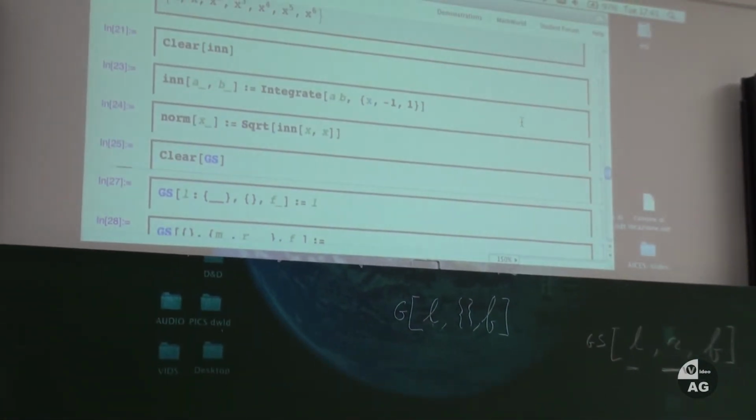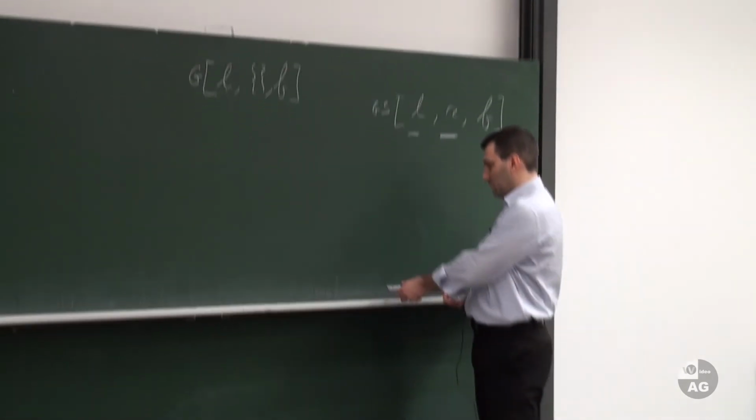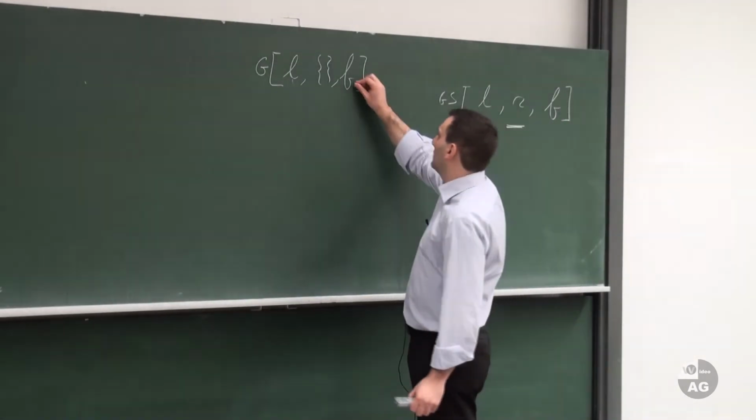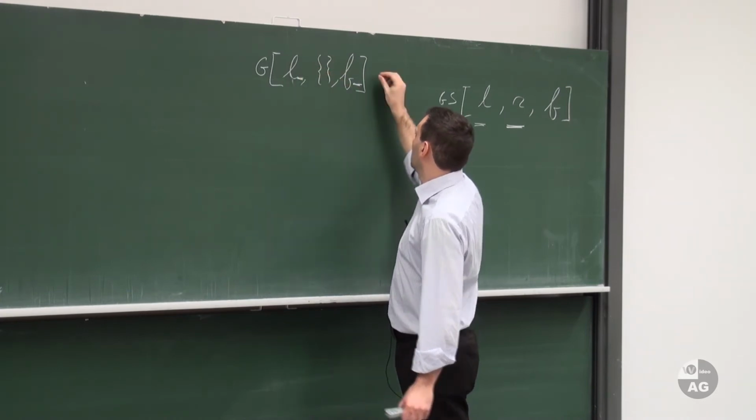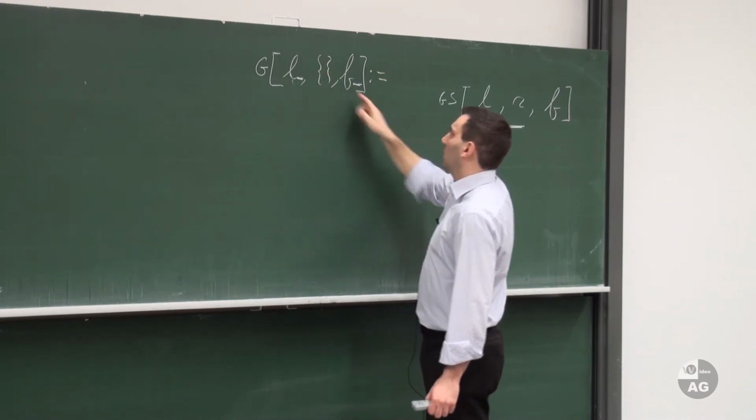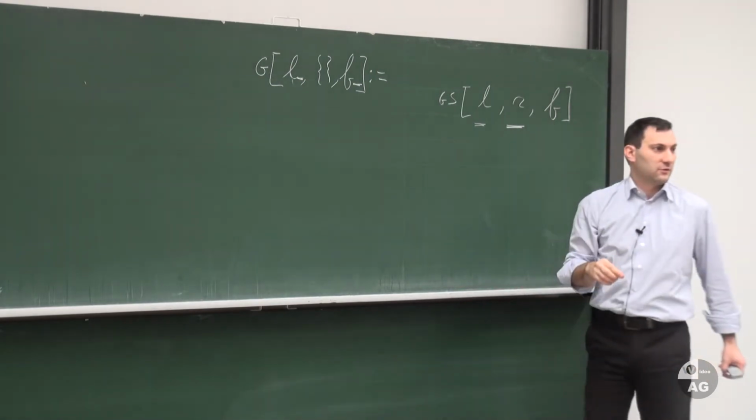R is the input list, yes. Let's put some underscores here. So in this case, what do you think happens?